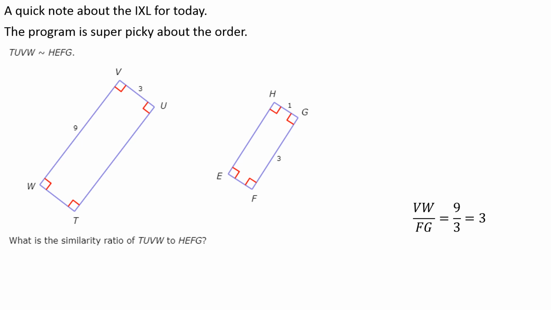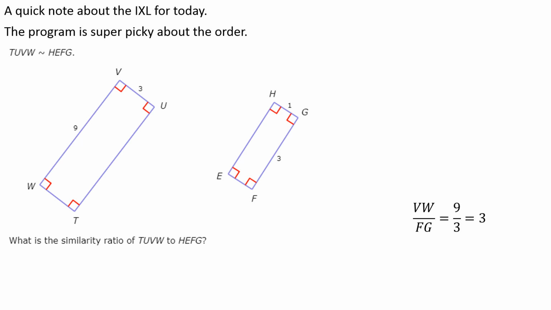So my VW is on top of the fraction because that polygon was listed first. The FG is on the bottom of my fraction because that polygon was listed second.